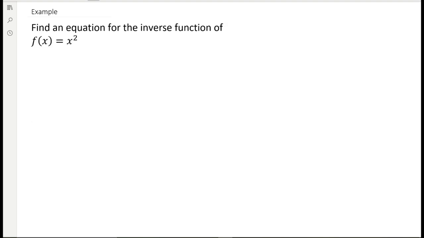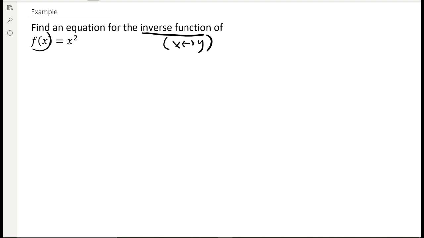All right, so now we're going to talk about how we find an equation for the inverse function. If we have an equation of a function, how do we get the inverse function from that? We're going to look at this easy example, f of x equals x squared. Remember that the inverse function means that you're going to invert x and y, so you're going to swap x with y.